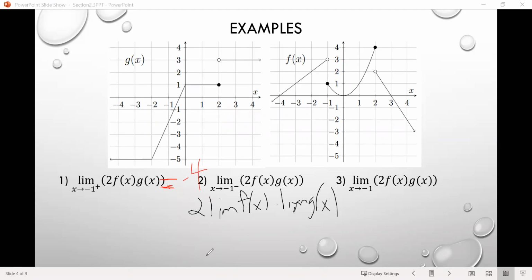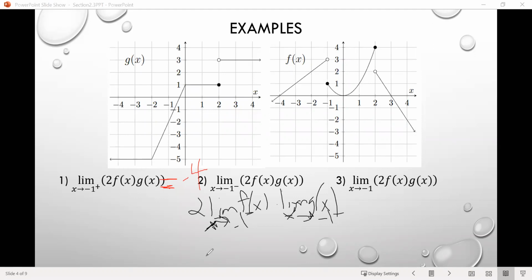Okay, and of course these are both now as x approaches -1 from the left-hand side now, and I apologize, this is really sloppy.